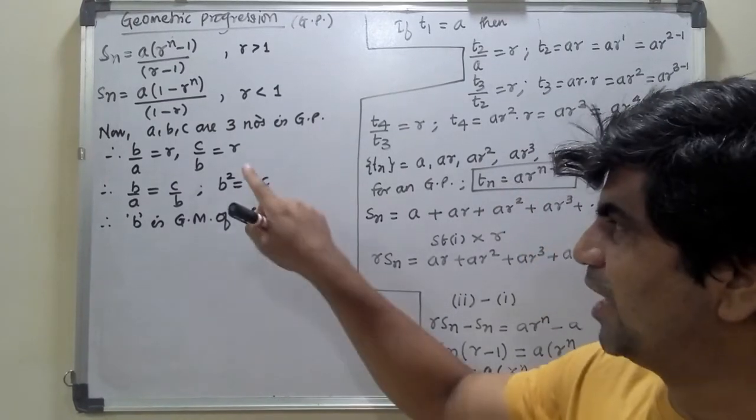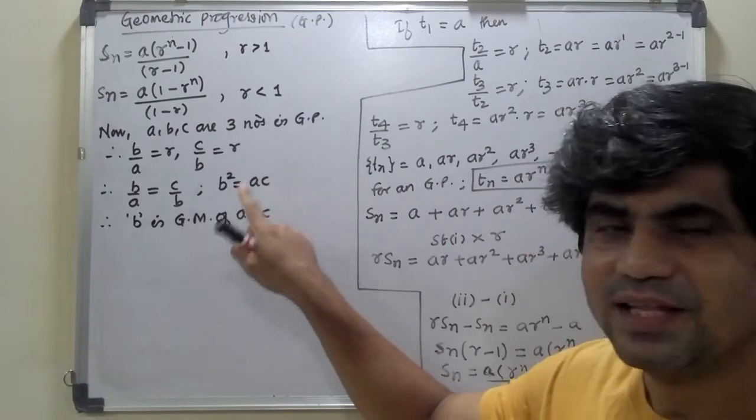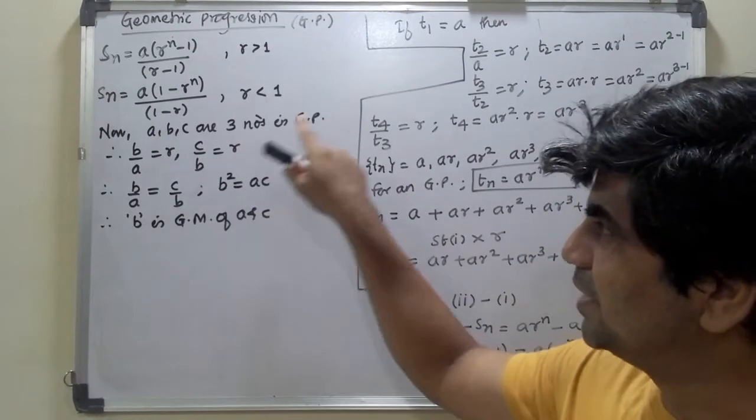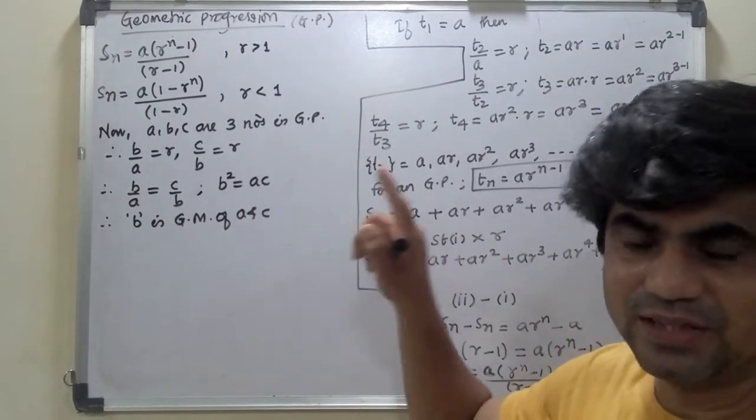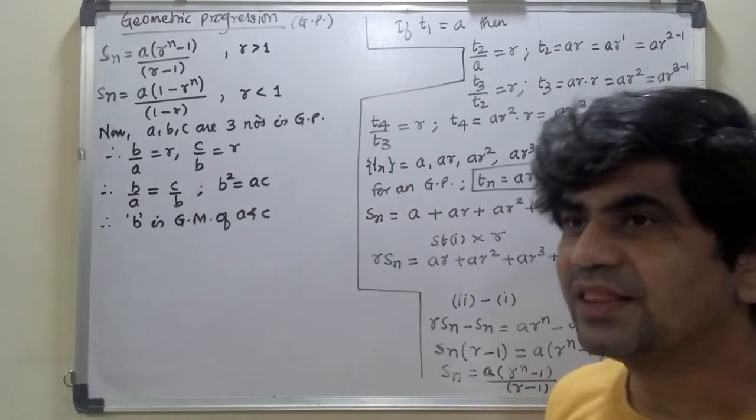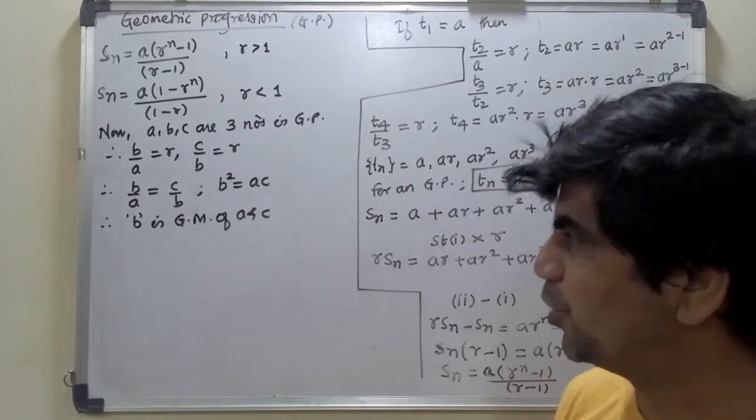If there are three numbers in GP, that time it was used as continued proportion.